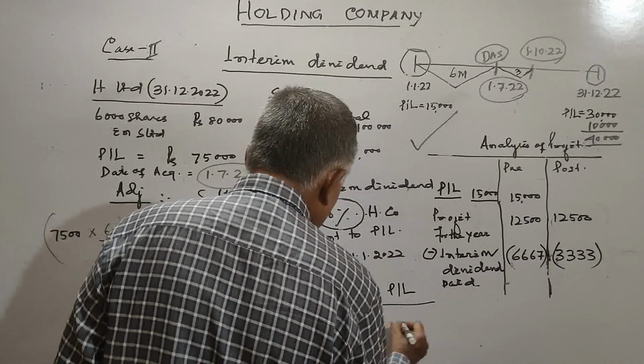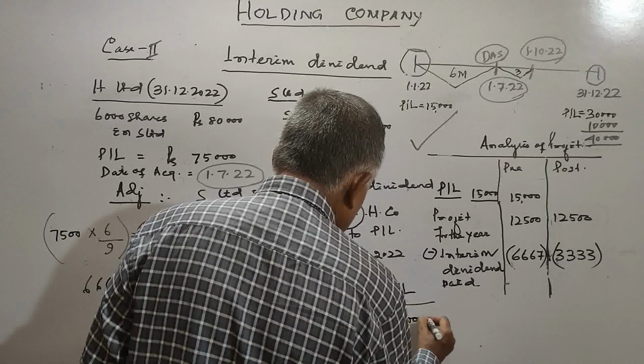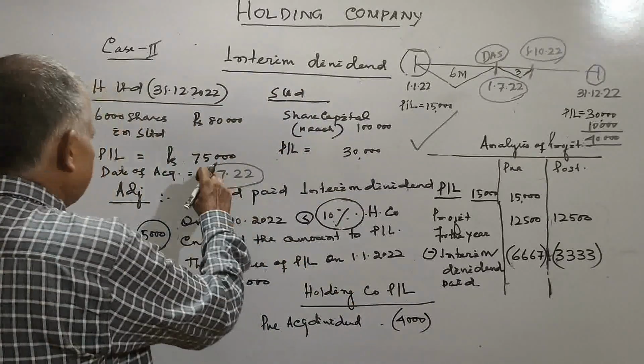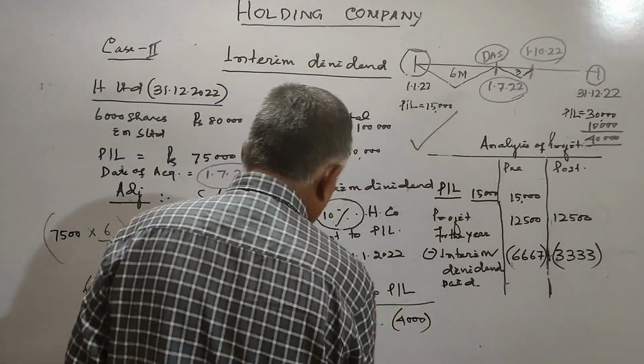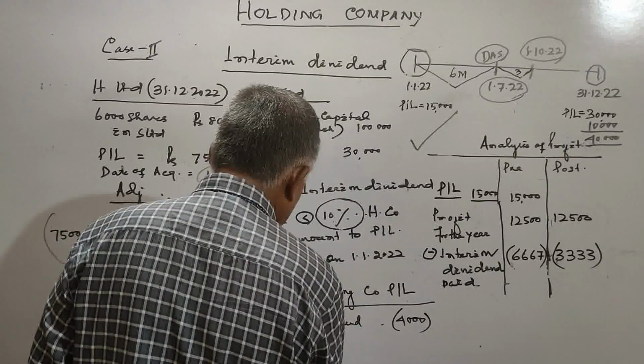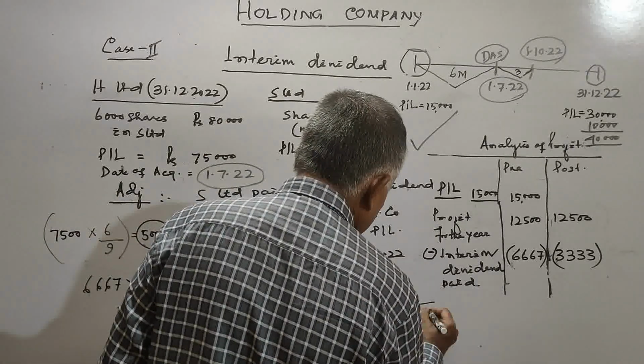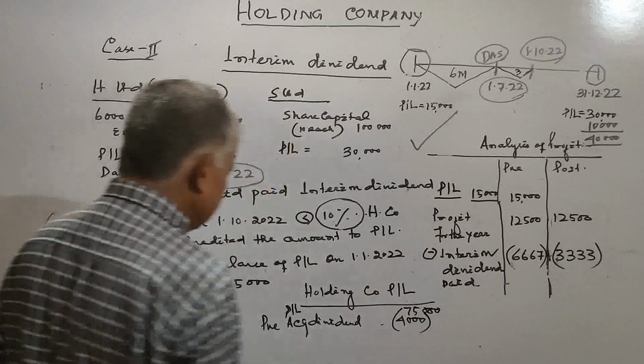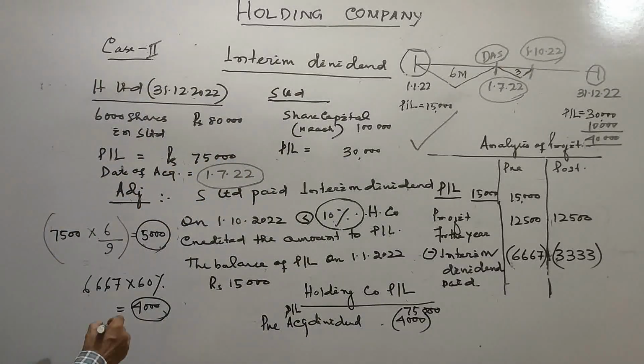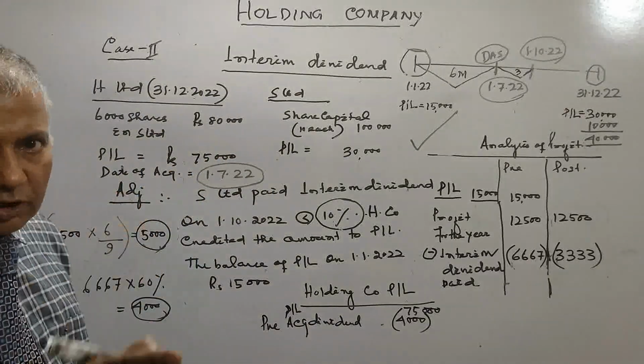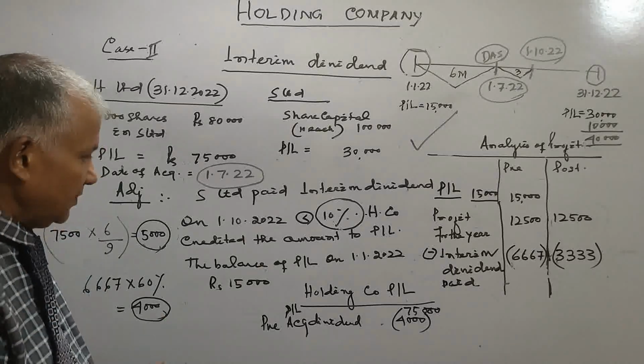Pre-acquisition dividend 4,000 will be less. PL was 75,000, and this 4,000 will be less here, and 4,000 will be less from the cost of control, please remember.